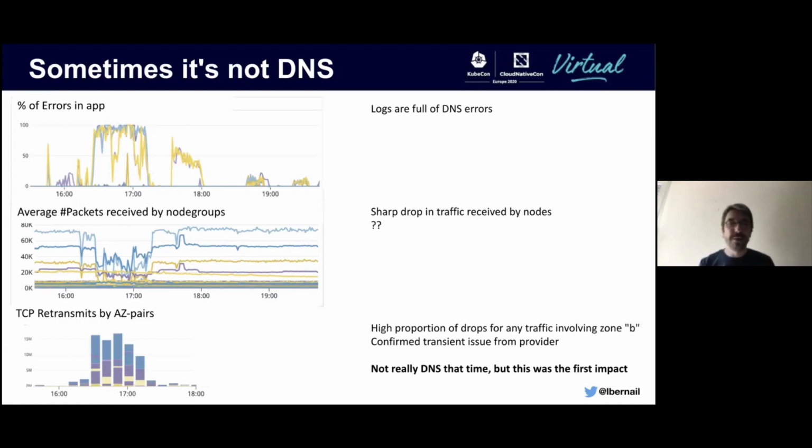When we looked at the detail, we saw that for any of these bars, the same AZ was involved. And so we figured out that there was an issue with networking in this AZ, and it was confirmed by the cloud provider. So it was really not DNS that time, but this was the first impact and what users saw.